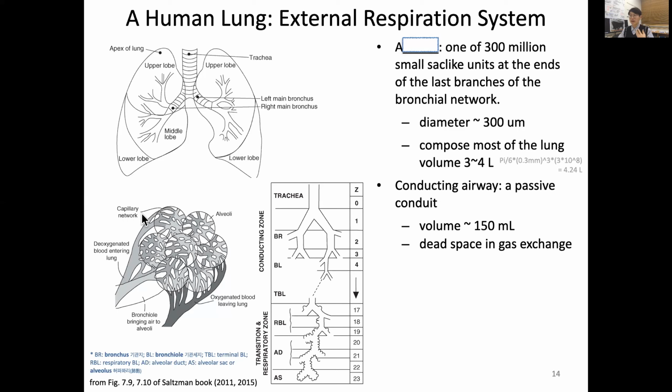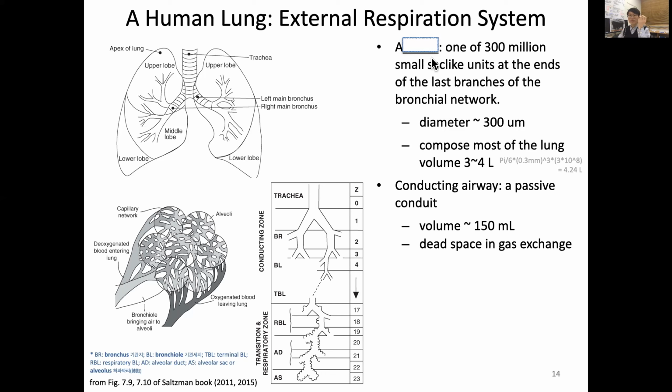There's a lot of capillary network to increase its surface area, and by diffusion, there's an exchange of oxygen and CO2. The deoxygenated blood entering the lung is in the pulmonary artery, and after it gets oxygenated, the blood leaves the lung and goes into our left atrium through the pulmonary vein. This alveolus is really small, but there are a lot of them.